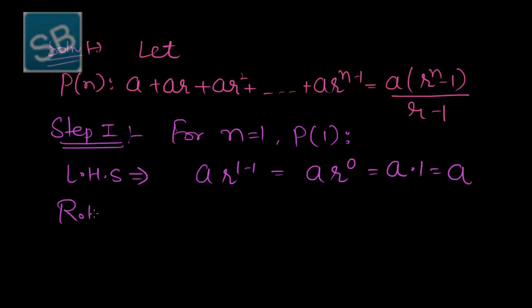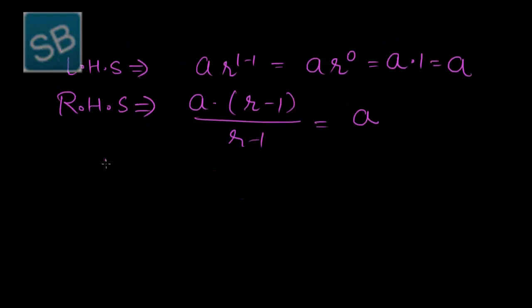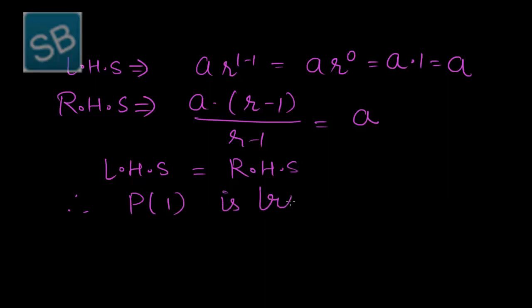And in the right hand side, replace n by 1. So a into r minus 1 over r minus 1 is equal to a. So we can say that left hand side is equal to right hand side. Therefore, P1 is true. That is, result is true for n is equal to 1.